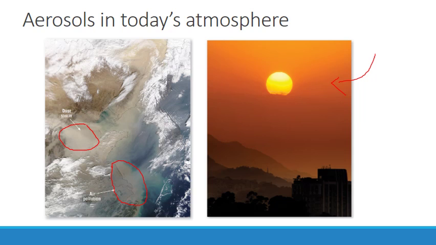Second, aerosols absorb or reflect incoming solar radiation. Thus, when an air pollution episode is occurring, or when ash fills the sky following a volcanic eruption, the amount of sunlight reaching Earth's surface can be measurably reduced.